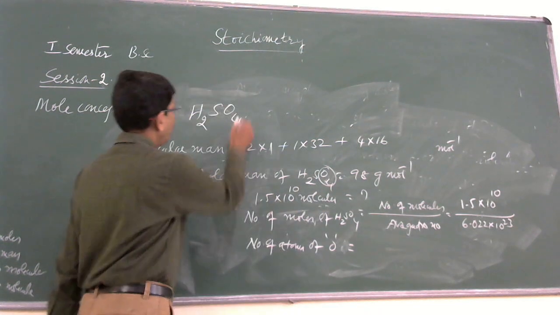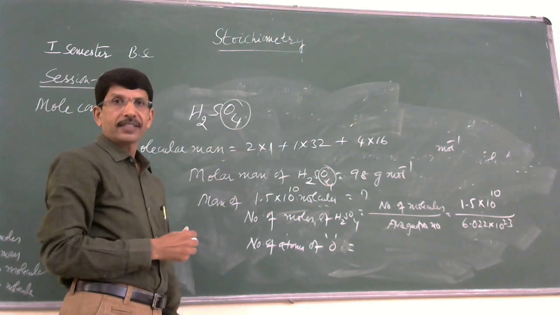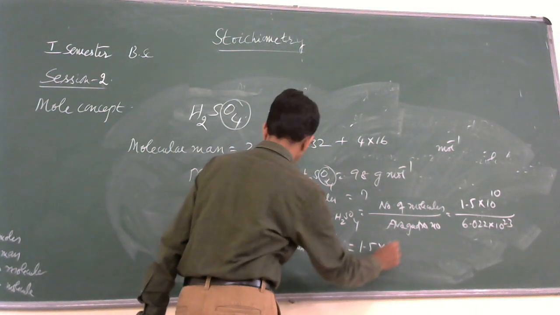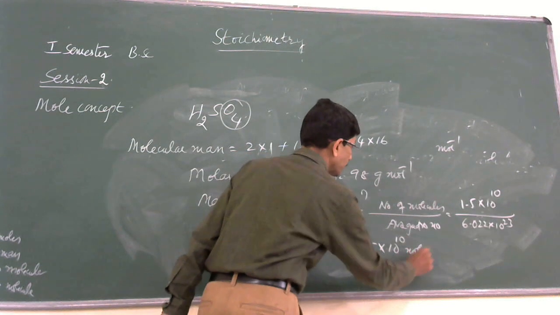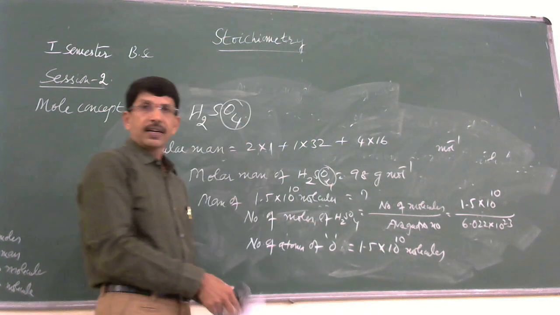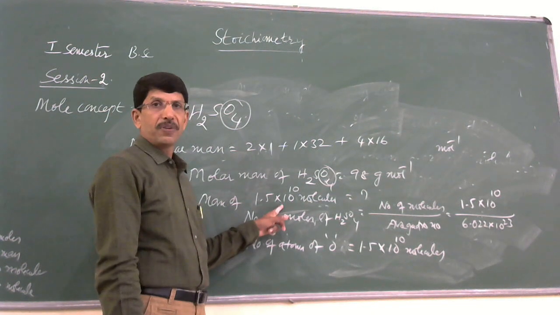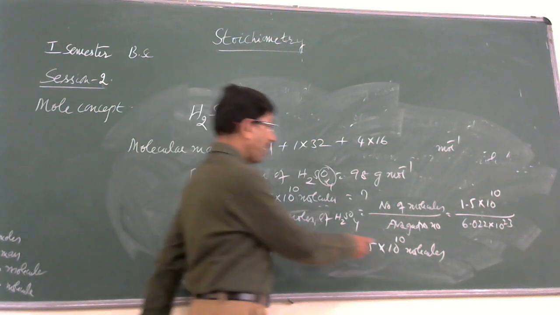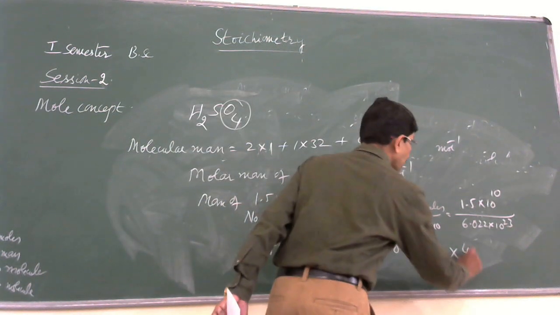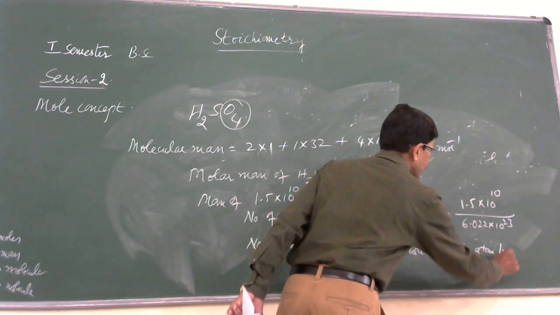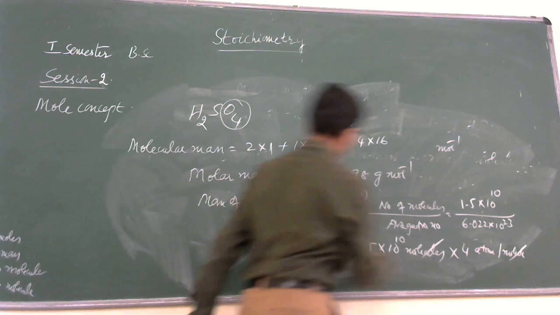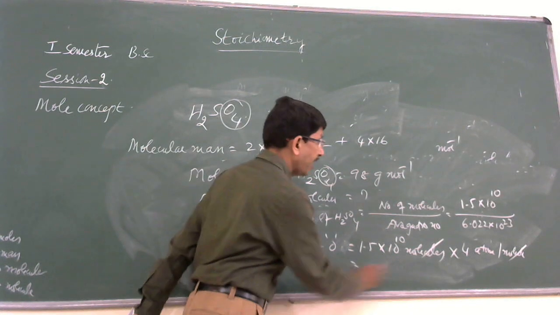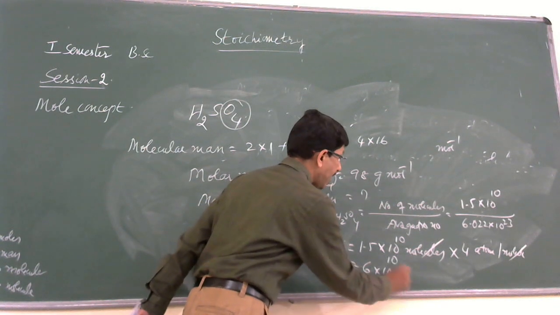Each molecule of sulfuric acid consists of 4 oxygen atoms. So the number of atoms would be 1.5 into 10 to the power 10 molecules into 4 atoms per molecule, because each molecule of sulfuric acid contains 4 oxygen atoms. If you simplify this, it is 6 into 10 to the power 10 atoms.